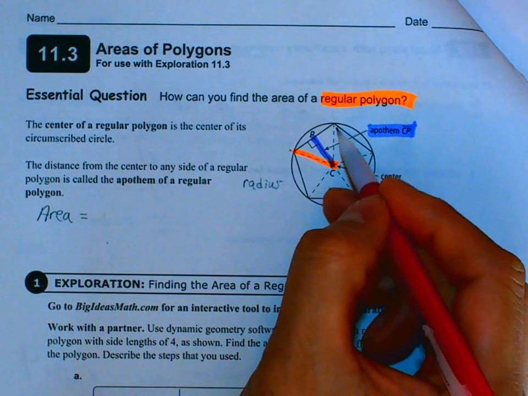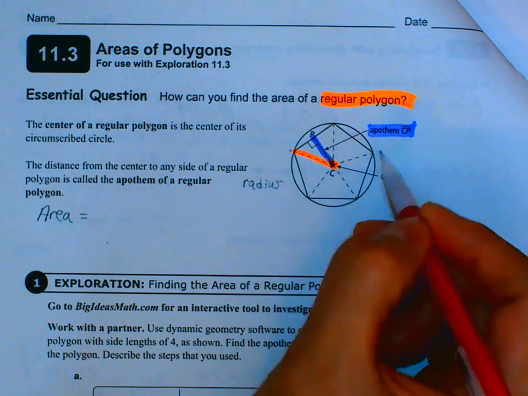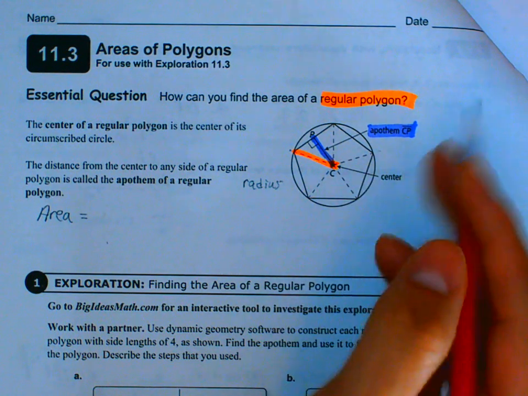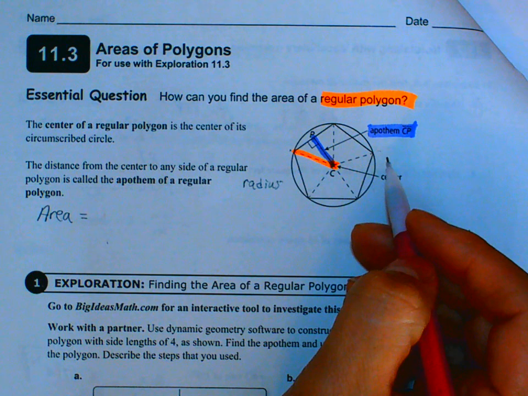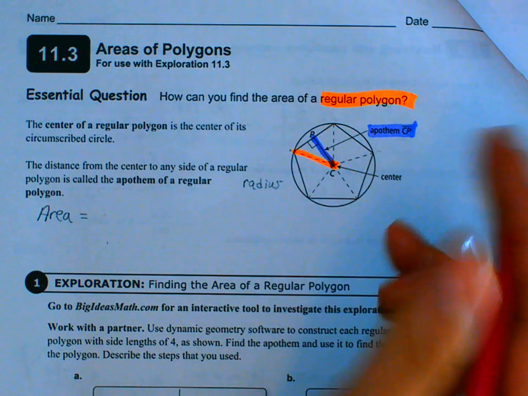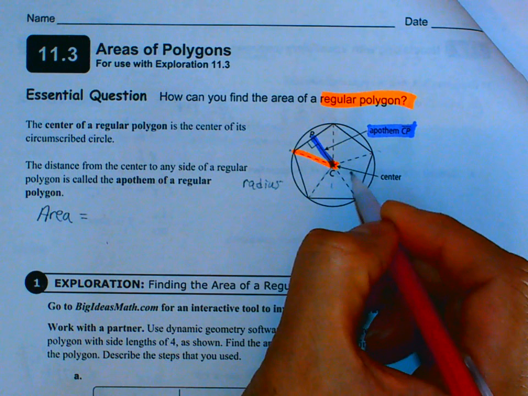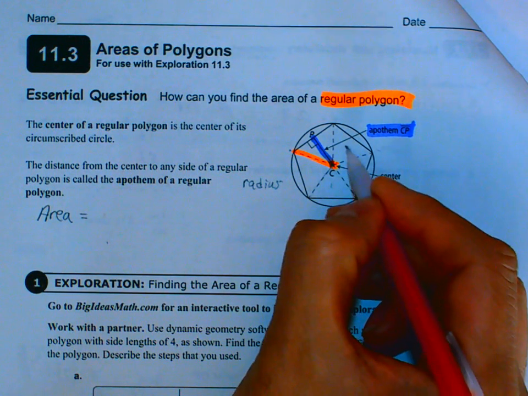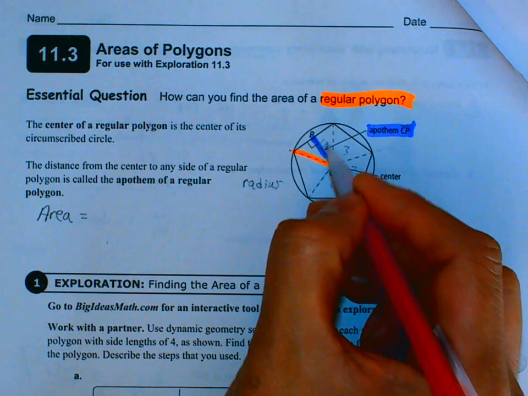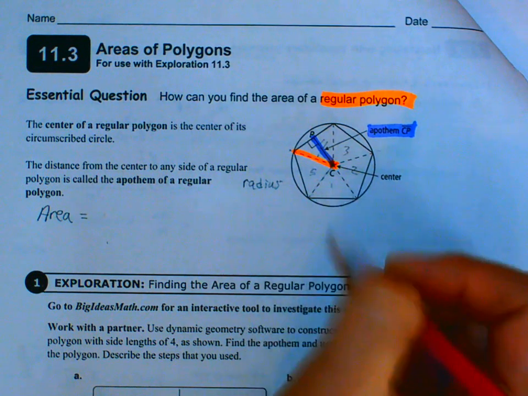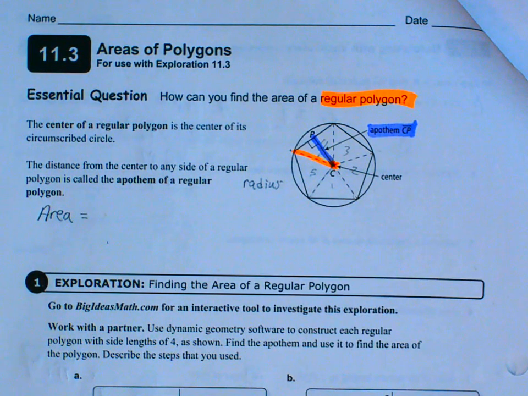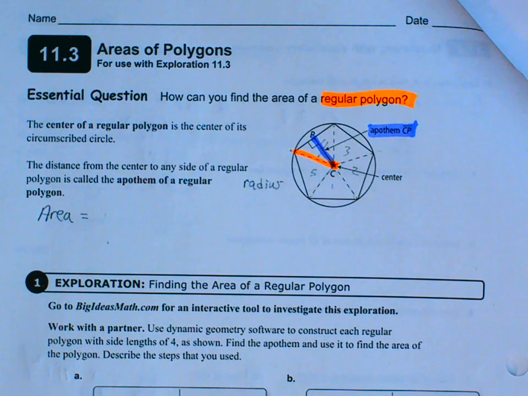You can split from the center directly to each vertex, making a total of 5 triangles that are all congruent. Here's triangle 1, triangle 2, 3, this is 4, and this is 5. So if I find the area of one, all I have to do is multiply it by 5.